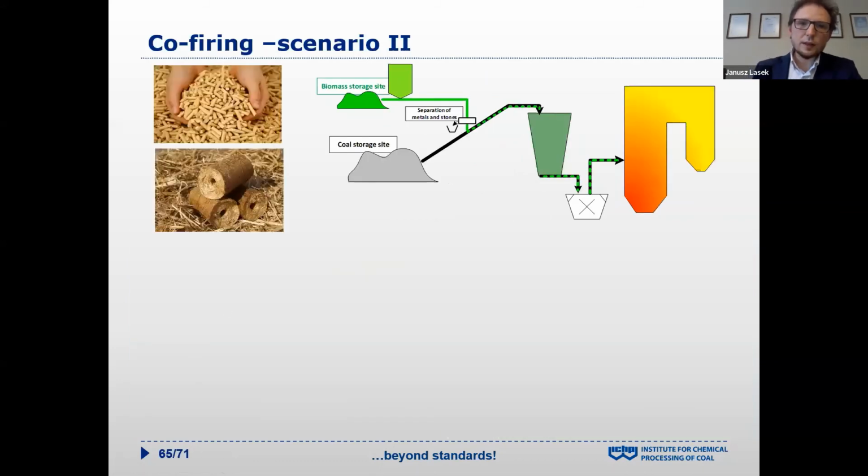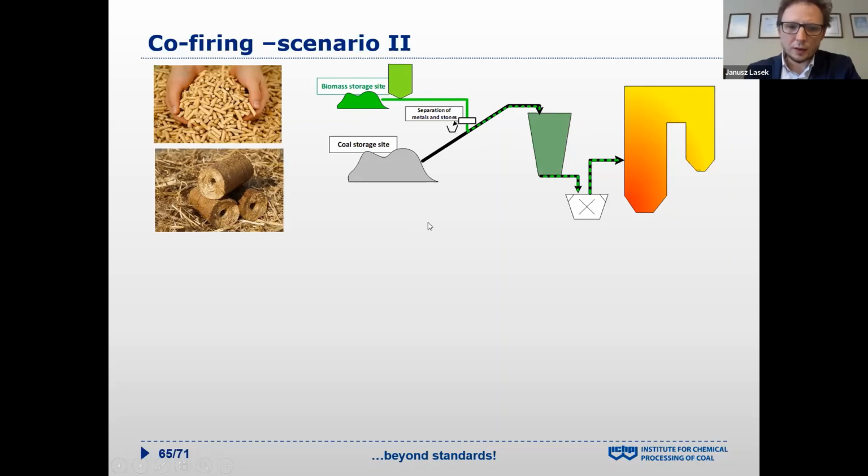The second scenario is also a simple solution. We assume that pellets or briquettes can be applied, but as you can see, the pellet stream is directly introduced into the coal stream, and they are mixed in the auxiliary or secondary tank.